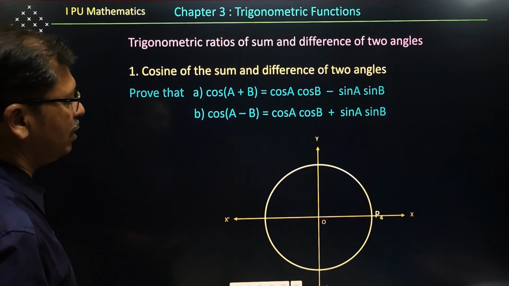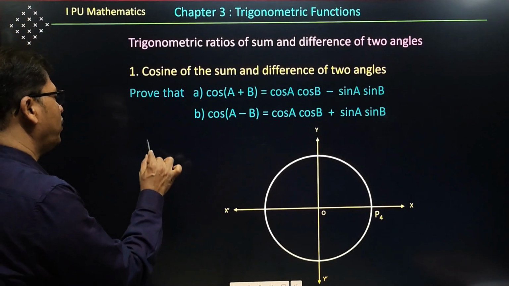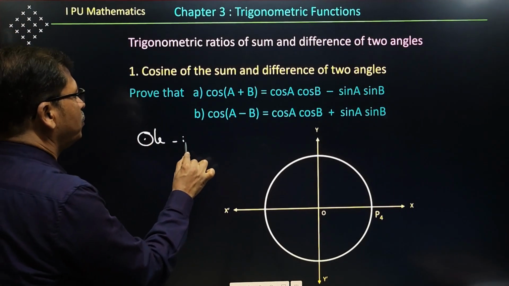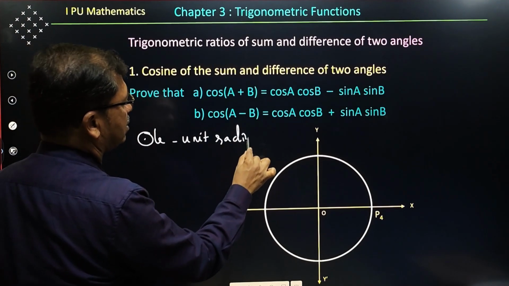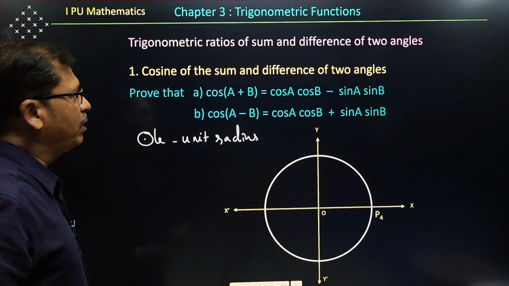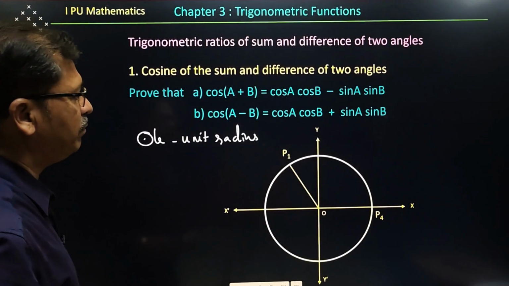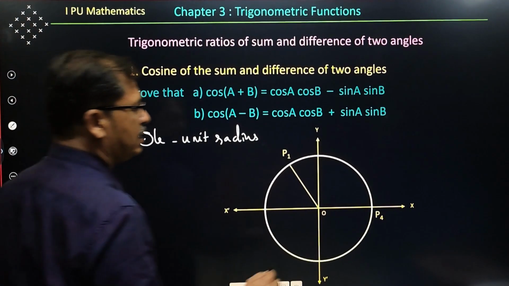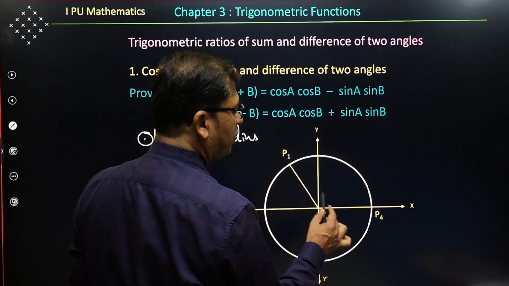Now let us consider a circle with unit radius. Here I have considered a circle which is having unit radius. And further, I would like to mark the points P1, P2, P3, P4.